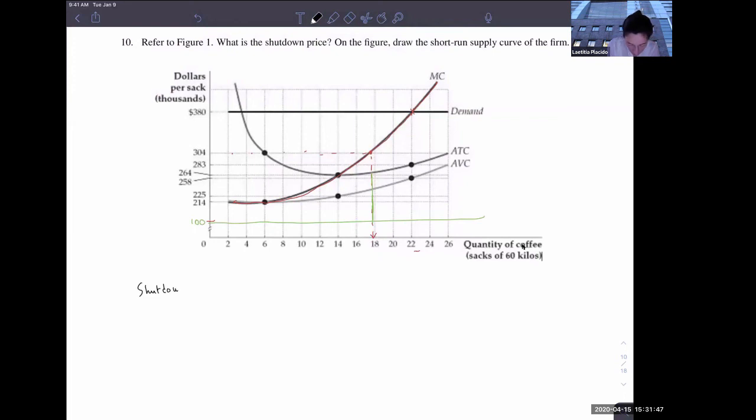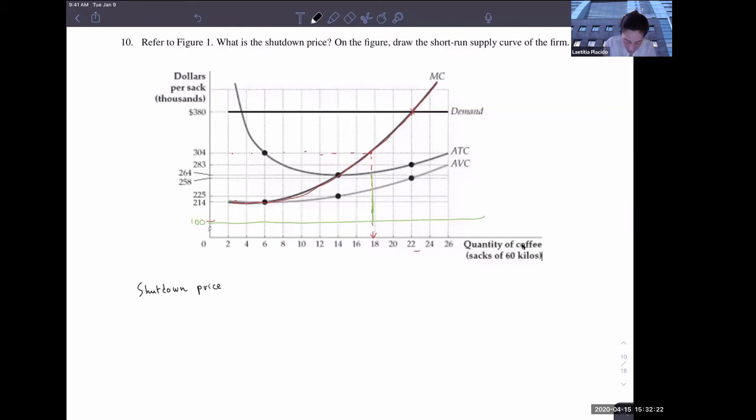What do we mean by shutdown? By shutdown, we mean that if a firm shuts down in the short run, it's not going to get out of business, but it is going to set a production level equal to 0. So sometimes it's better for a firm to not produce anything in the short run, but to stay on the market. So how do we get that shutdown price?